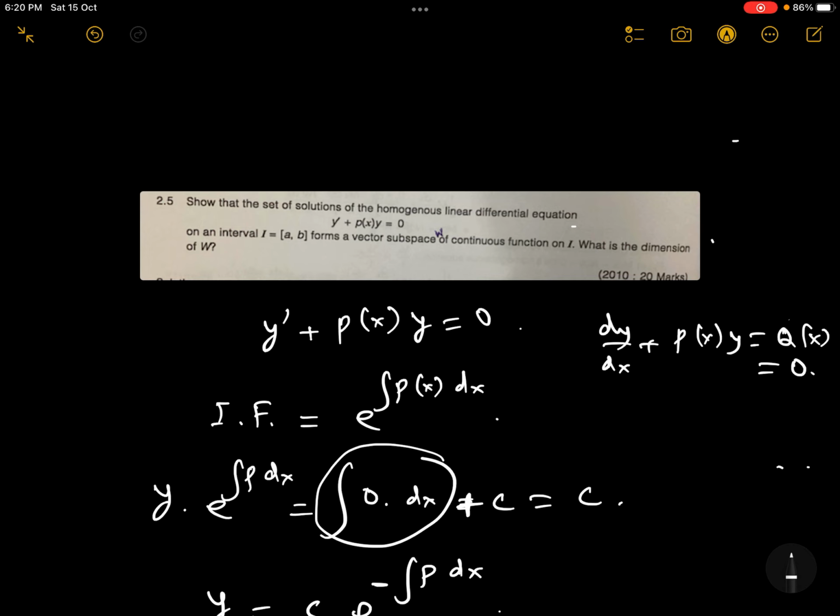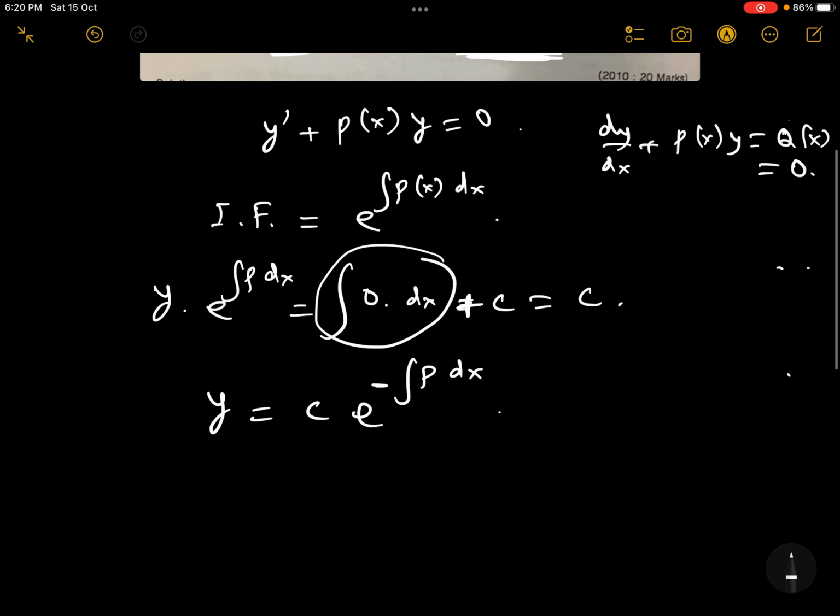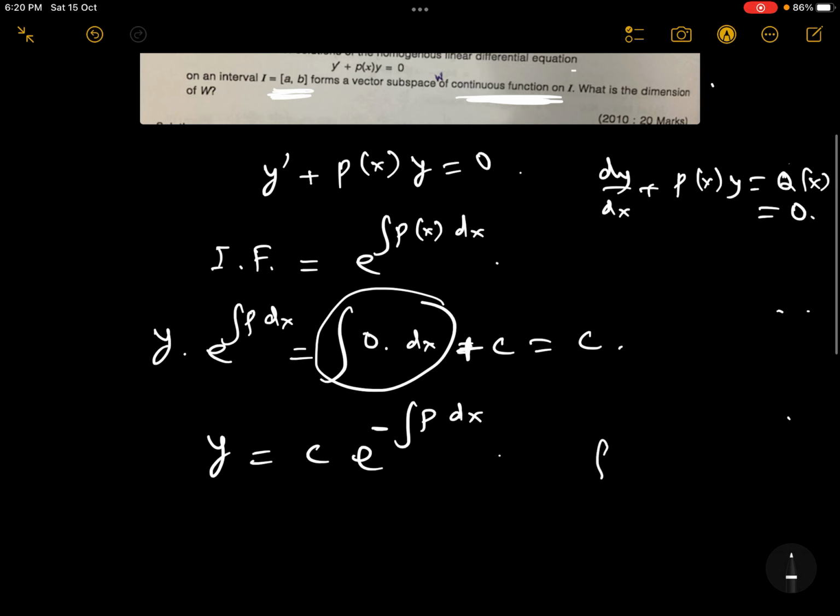Okay, this on an interval AB forms a vector space, a subspace of continuous functions on I. There is a set of functions f, real valued continuous functions, and of course this is a vector space.